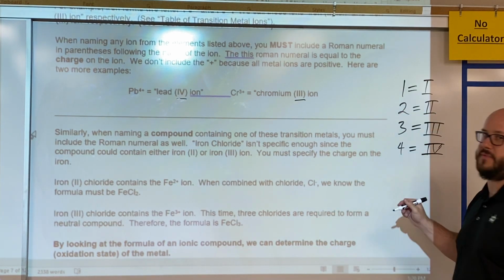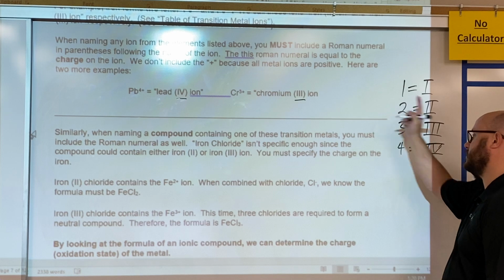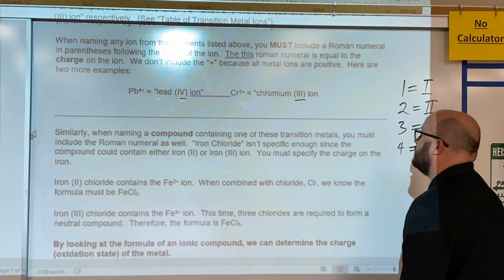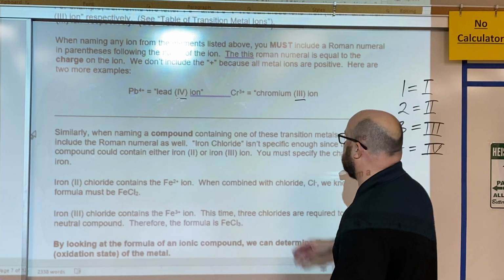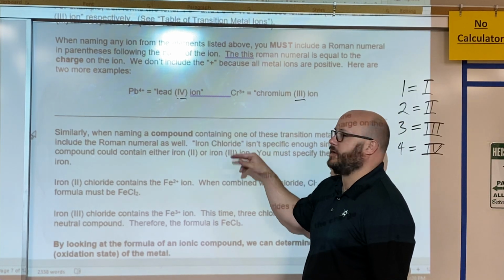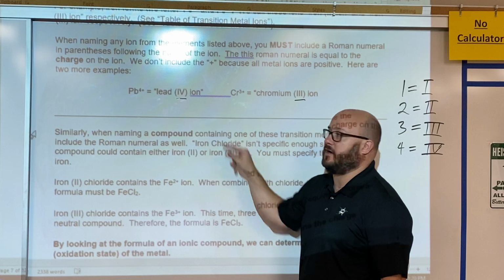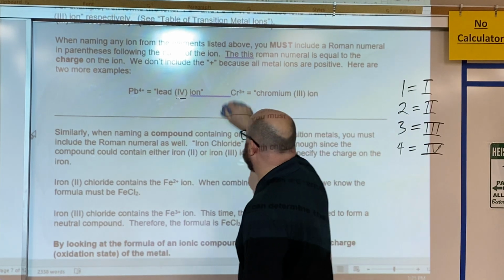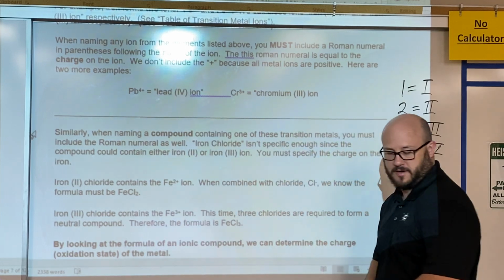You won't see any Roman numerals bigger than 4 when it comes to transition metal bonding. So instead of just saying sodium ion, you have to say lead 4 ion, chromium 3 ion, and so forth. Let's look at some examples of how that would work out.